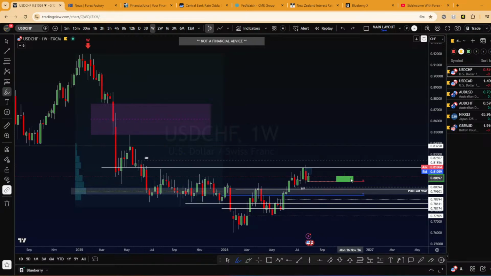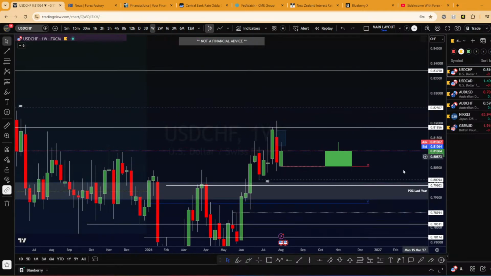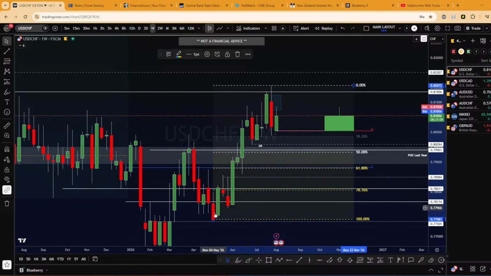on USD/CHF. When I zoom in a little bit, you can see that this current week we still have some room to test here before a continuation. Let me put it in perspective: from this low to this high, we still have 50% to target before continuation.